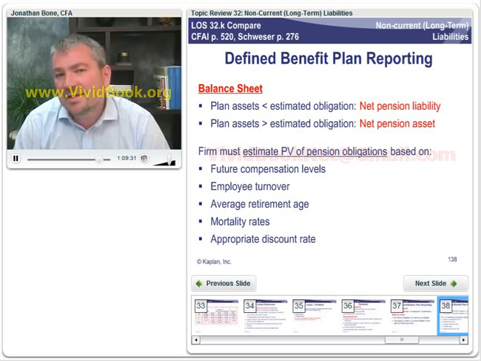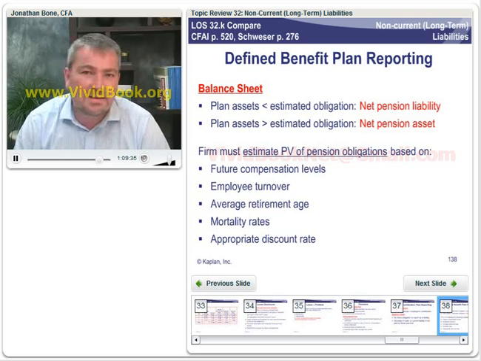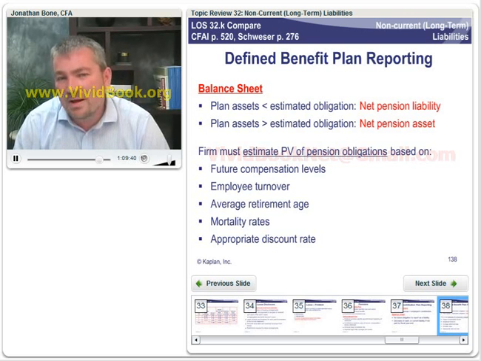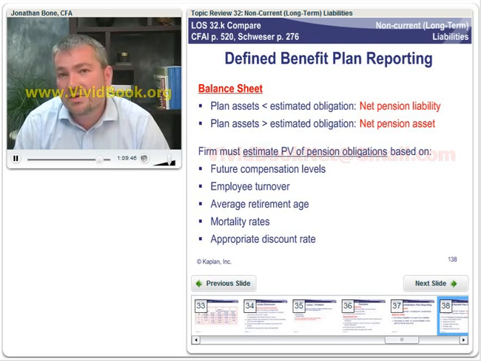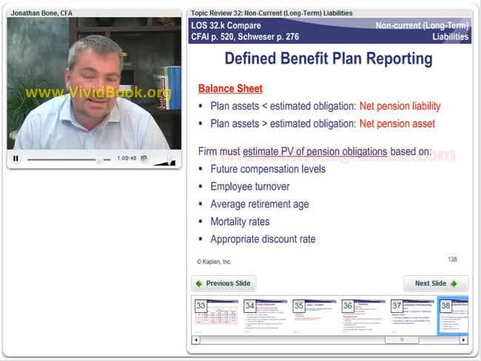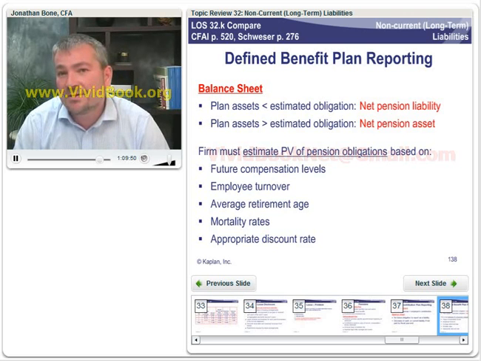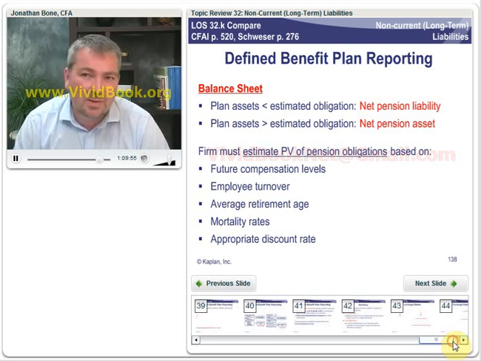So we estimate the payments that we'll make on their retirement and discount them back to today's date. That is the estimated obligation. So if the assets are below the estimated obligation, overall, we have a net pension liability. We call it an underfunded pension. If the fair value of plan assets is greater than the estimated obligation, then funded status is positive and we have a pension asset that we report in our balance sheet.